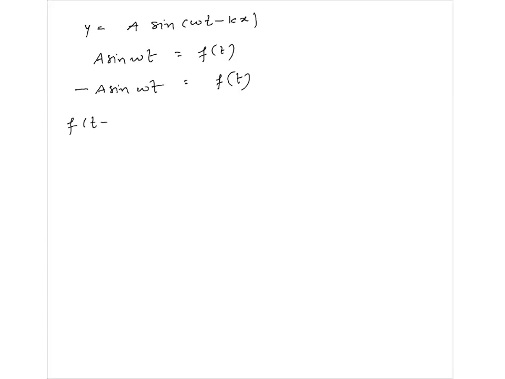So what will happen to this? This is the equation. You can take this minus inside. That's what you would get. Kx minus omega t.